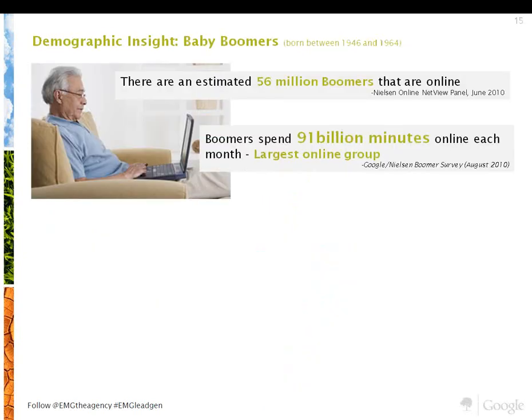Now, we also wanted to give everyone some demographic insights on baby boomers, a target market that's probably very relevant to many healthcare providers, because in 2010, the study showed that an estimated 56 million boomers were online. And even more impressive, they spend about 91 billion minutes online each month. That number really makes them the largest online group.